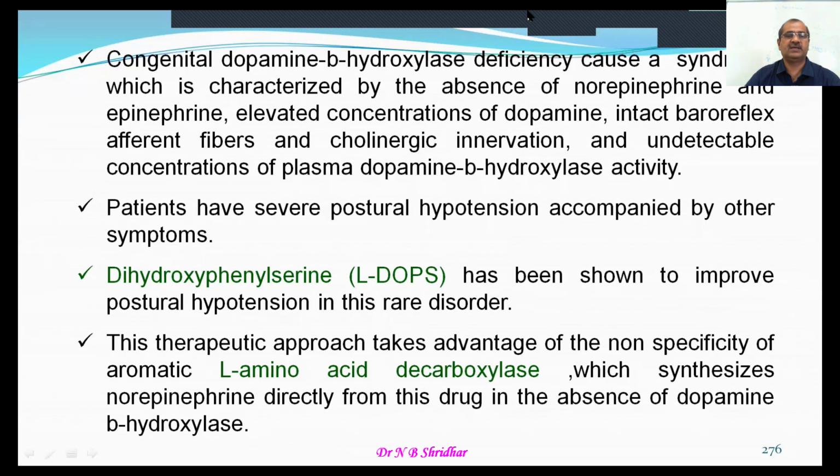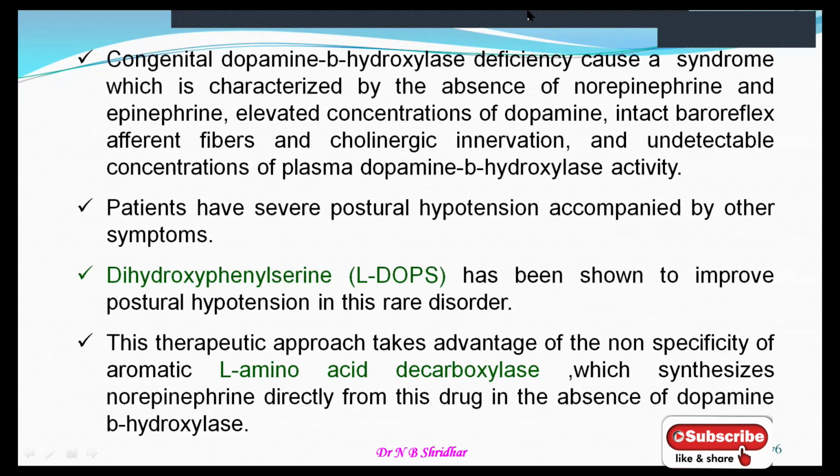Why we are learning all these things is that there are certain conditions which depend upon adrenergic transmission, and we can interfere. Dihydroxyphenylserine is a drug that is very effective in postural hypotension, and the therapeutic approach takes advantage of the non-specificity of aromatic L-amino acid decarboxylase, which synthesizes norepinephrine directly from this drug in the absence of dopamine beta hydroxylase.